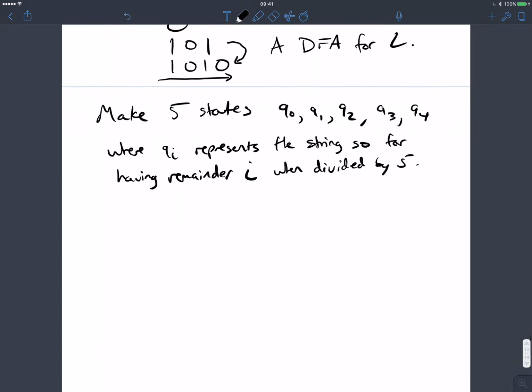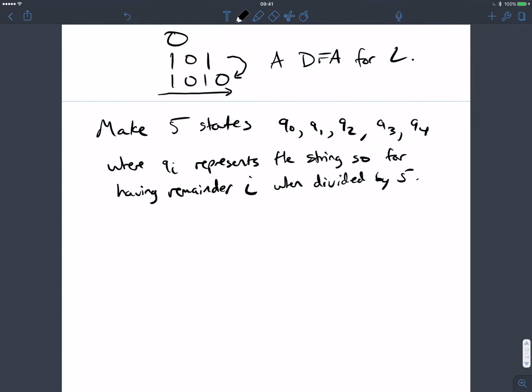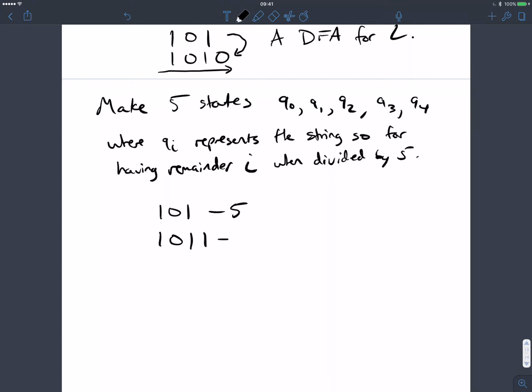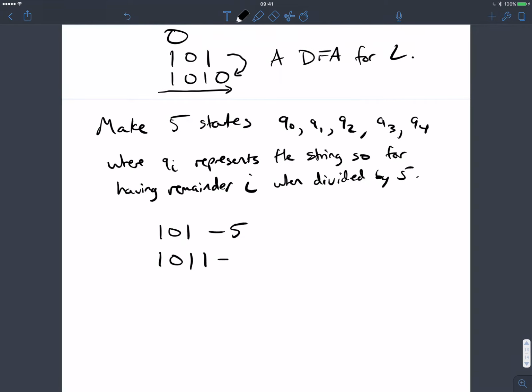Don't make me work too hard. All right. What if we instead had 101 and 1011? How can I tell? This one's 101, which represents 5. Without brute force calculating what 1011 is in decimal, what is it? Multiply by 2 and add 1, because it's just the 1010 from before, but we add 1. So we know for sure that it's 11.